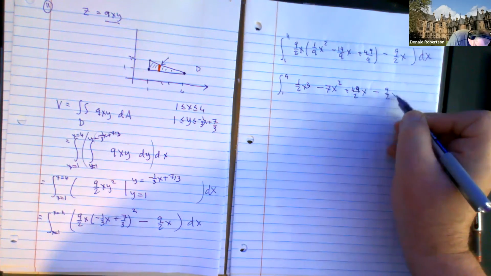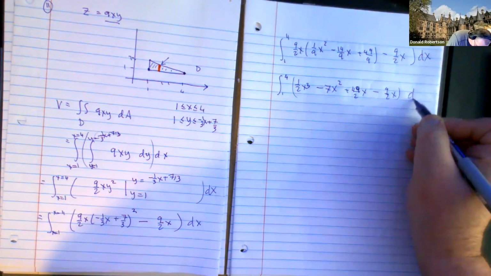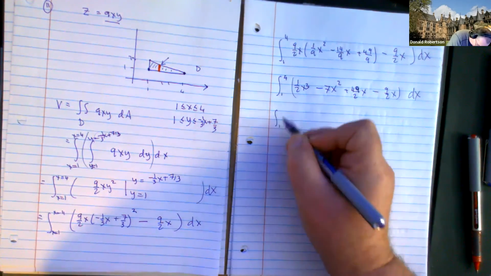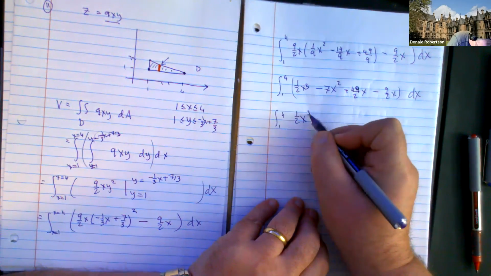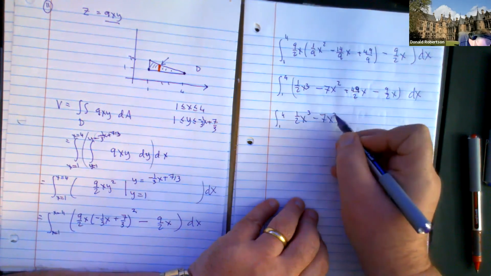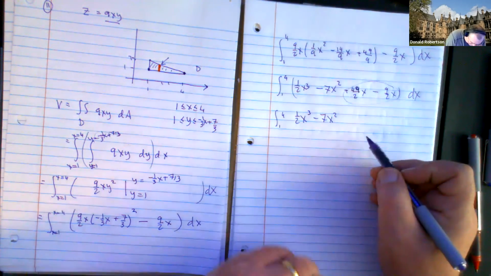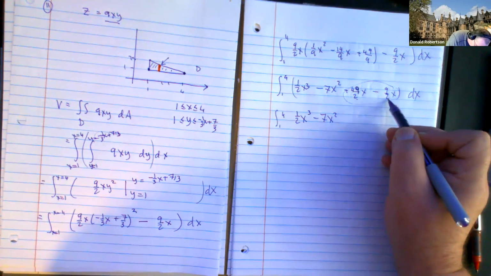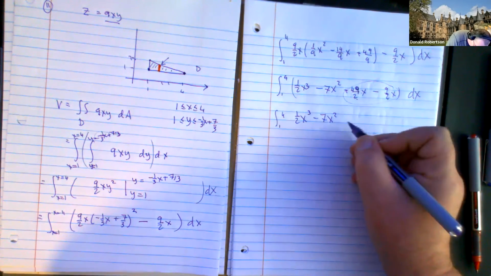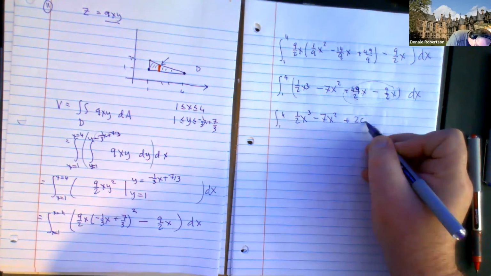Take away 9/2 x. So you have 1/2 x cubed minus 7x squared. Those two guys, 49/2 take away 9/2 get you 40/2, which is actually 20x.